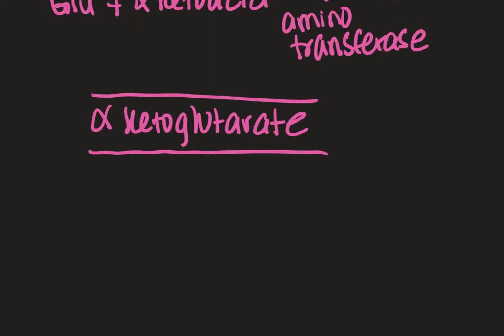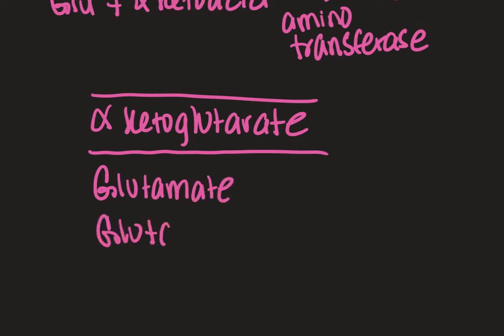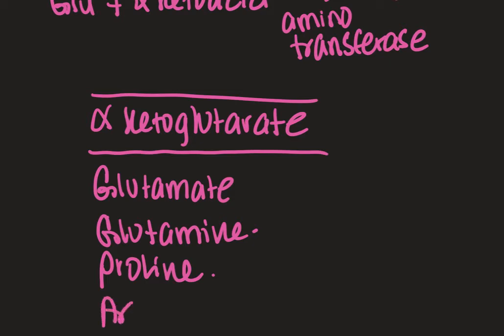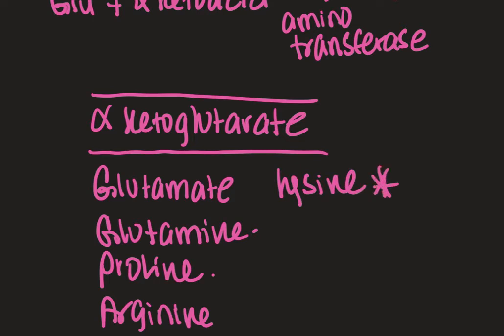So these in general are glutamate, glutamine, proline, arginine, and in some cases lysine. Lysine is only in yeast and some protists like euglena.